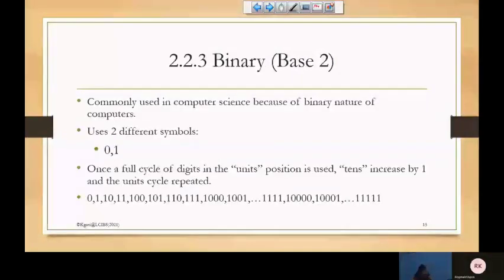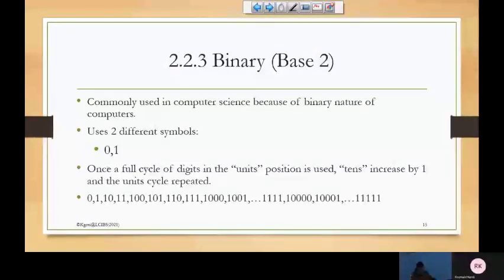We move on to base 2, binary numbers, also used in computing a lot. For binary numbers, we have only 2 symbols, the 0 and the 1. So when you increment, it's almost like the 1 acts as a 9. In other words, where you've got a 9 and a 9, which is 99, the next number that would come after 99 would be 100.